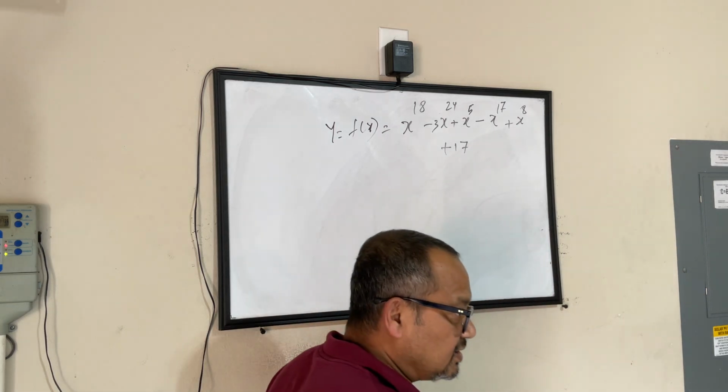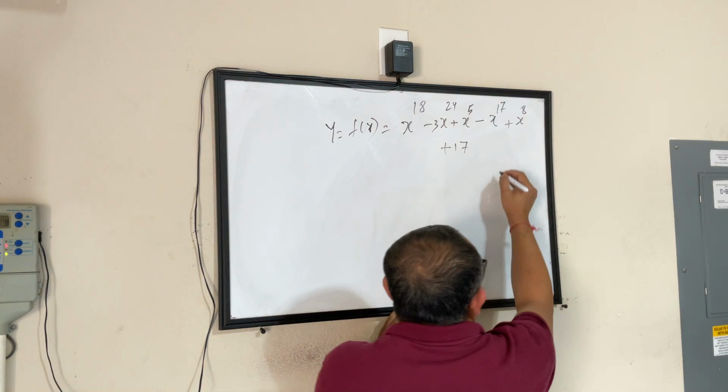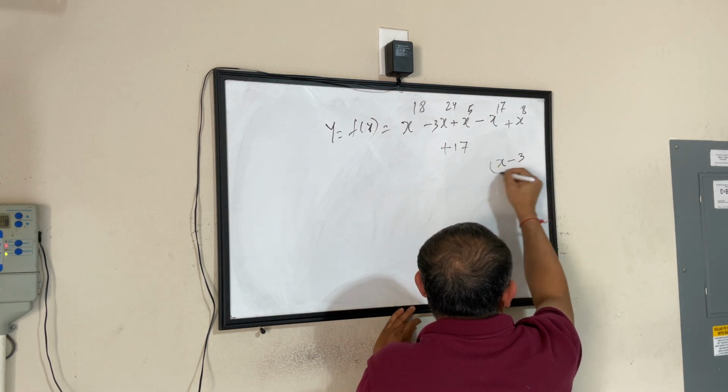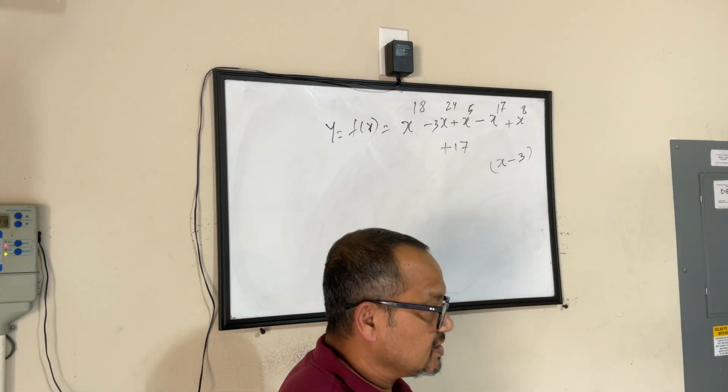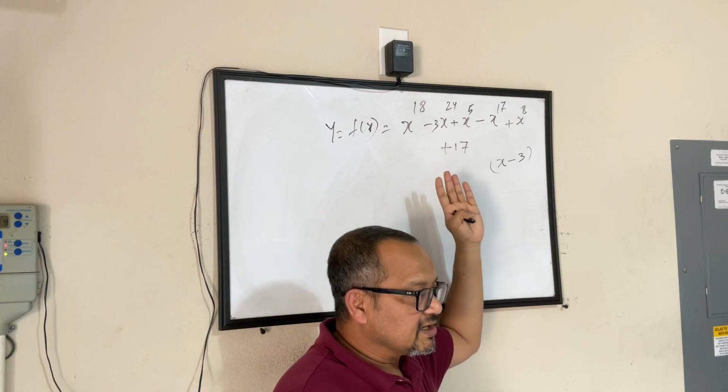This is a polynomial. Somebody is just playing with your emotions. And if I divide that by x minus 3, find out what will be the remainder. Just by looking at this question, you will get scared big time.